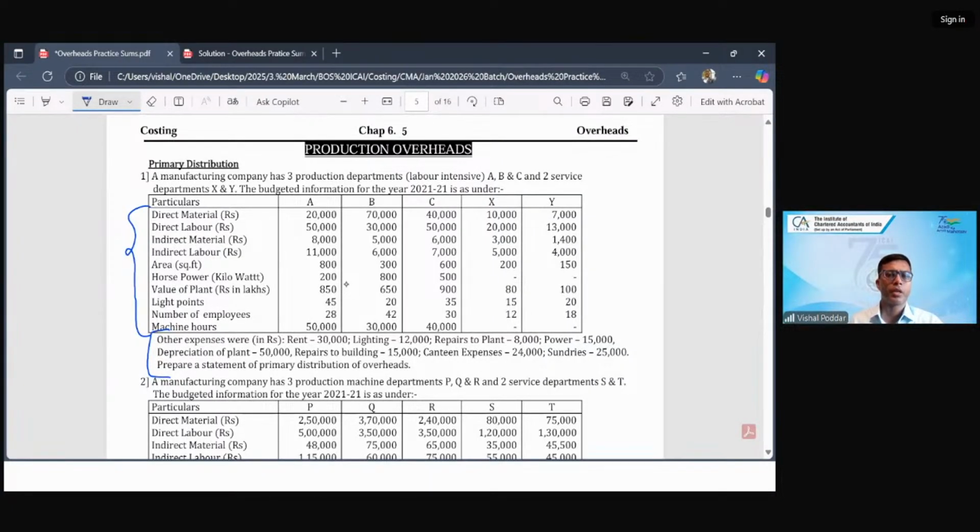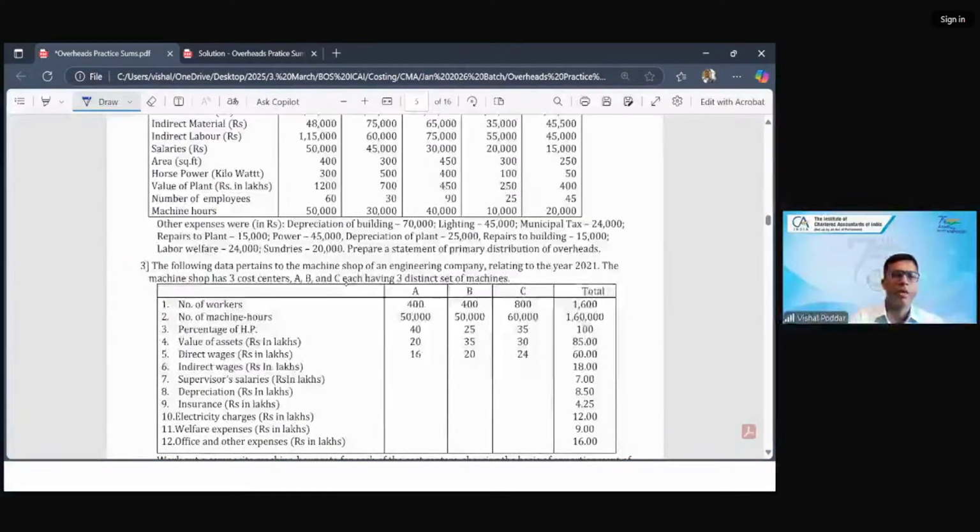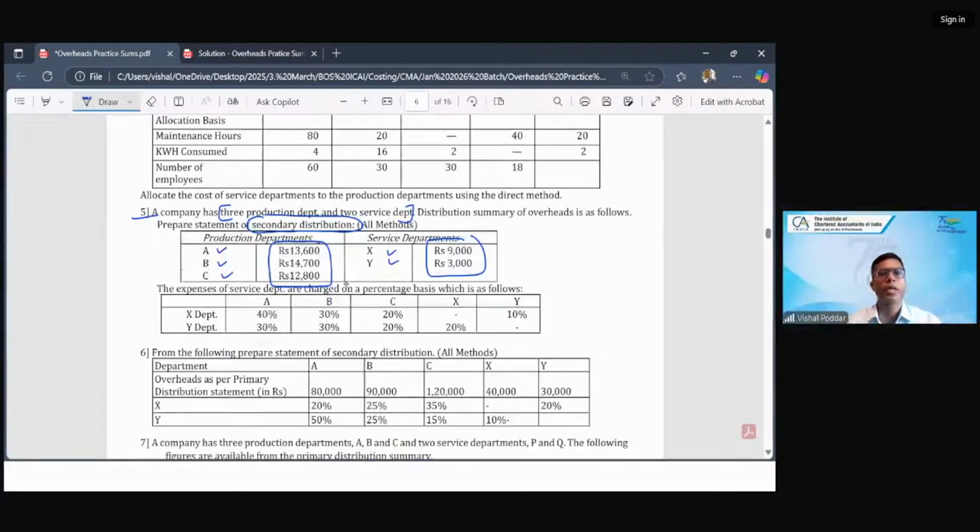So this is the most raw sum. This is the most starting point sum where the basic data is given to you of all the expenses. But this sum which we are taking is purely of secondary distribution. Primary is done. How do you know? Now you are not given the expenses. Rather, you are given the overheads of the production and the service departments. This proves that primary is already done.